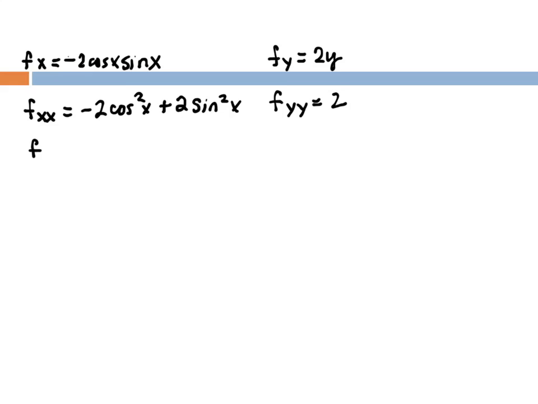And then we need f sub xy. And remember f sub xy, when things are smooth and continuous, and these are because these are polynomials and trig functions like sine and cosine functions, is equal to f sub yx. So if you really want to take the partial derivative of -2 cosine x sine x with respect to y, you can do that. Or what could you do?